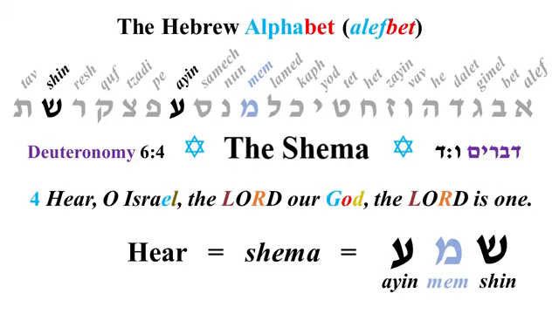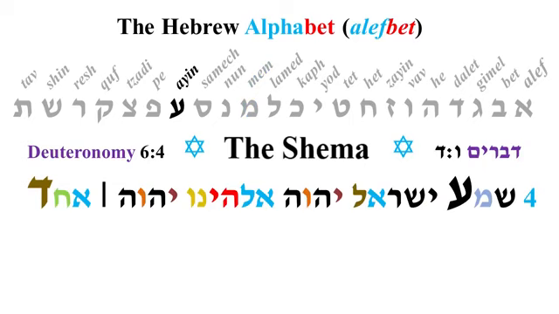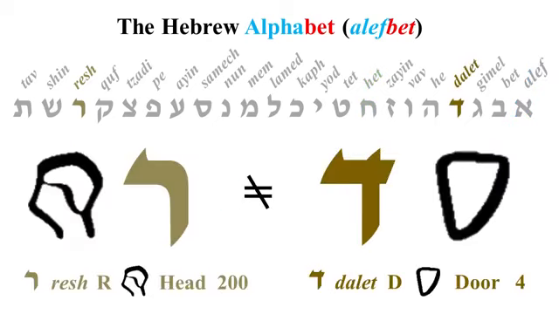And the reason he put the large dalet at the end: if you spell echad, you might be inclined to spell it aleph, chet, dalet. And because the dalet and the resh look similar, you might accidentally put a resh there. And if you do, remember, resh is not dalet. They are not the same.